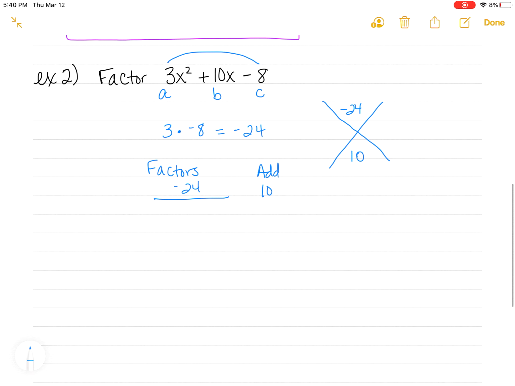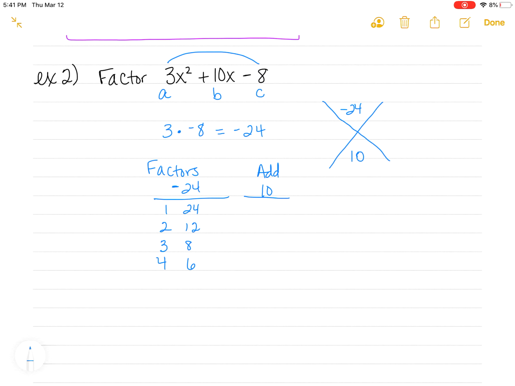So let's look at our factors of 24. I've got 1 and 24, 2 and 12, 3 and 8, 4 and 6. Now, keep in mind that the product, or what I multiplied to get, is a negative number. That means at least one of my values is negative for each factor pair.